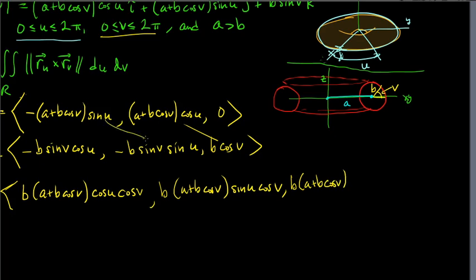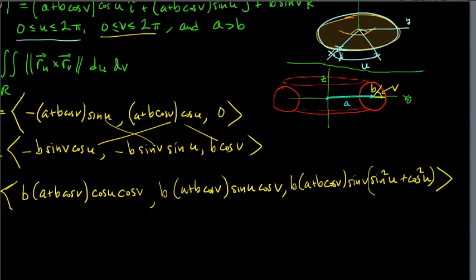So we have sine of u, so that's sine squared of u, times sine of v. Right. Going the other way, you have the cosine squared of v. Everything else is the same. No, cosine squared of u. Right. Everything else is the same, I think. Right. b times a plus b cosine v times the sine of v. Yep.